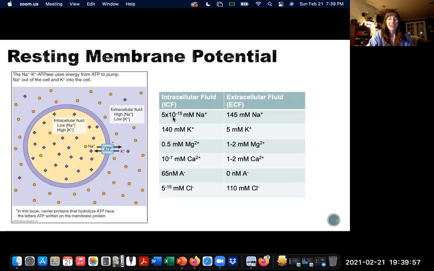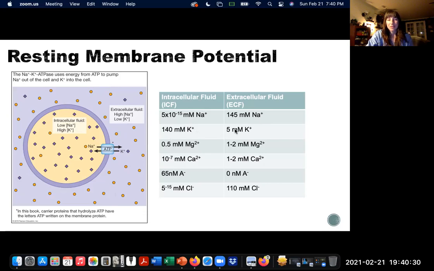So you have 15 millimoles of sodium cations in the intracellular fluid, and 145 millimoles of that same cation on the outside, right?